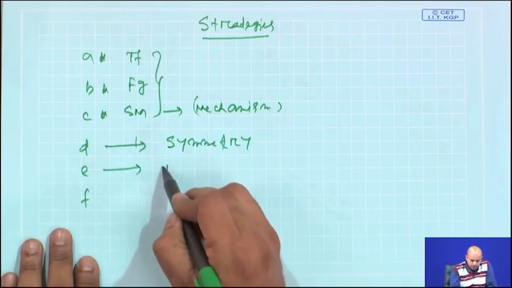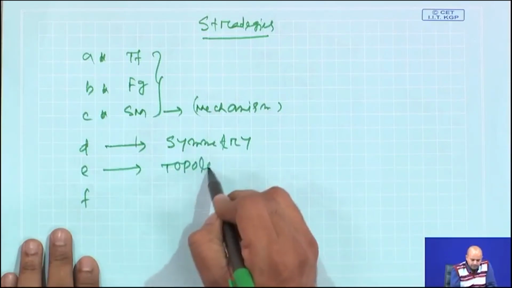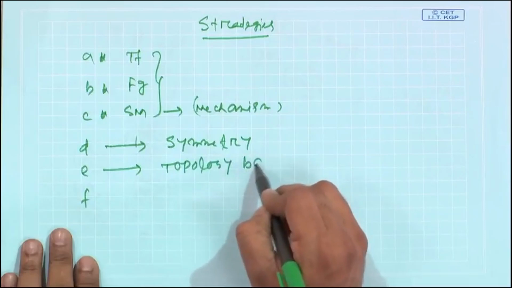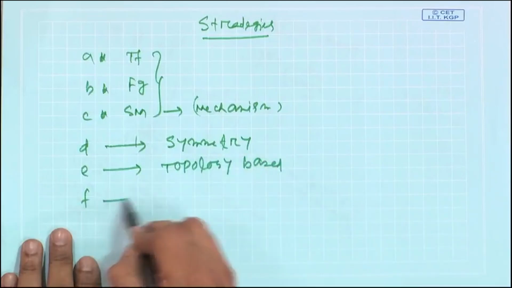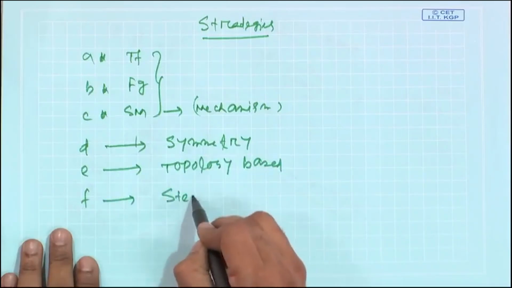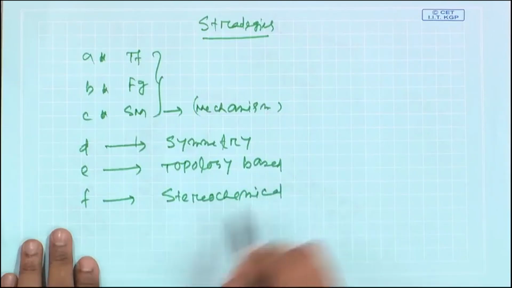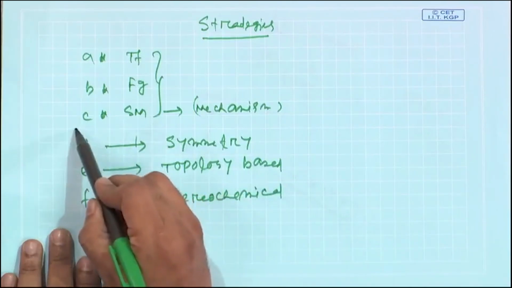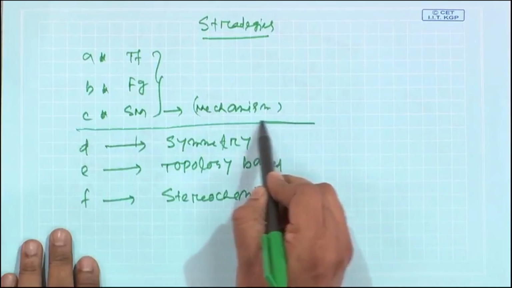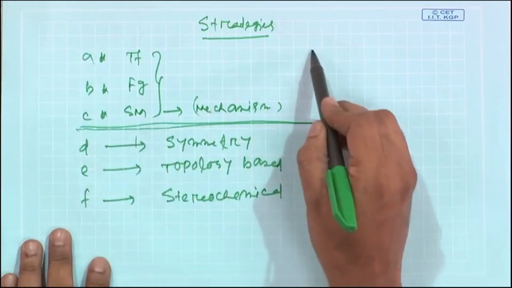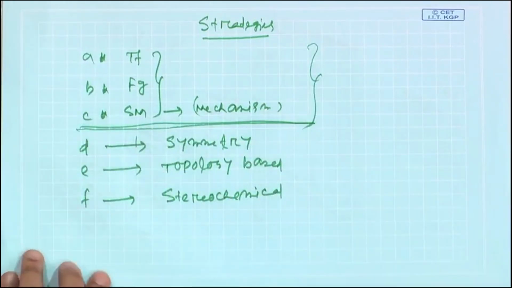Then we said topology based strategies, and then stereochemical based strategies. So, till today we have covered these 3 parts, because these 3 parts are the main highlight of the elementary course which I am offering.